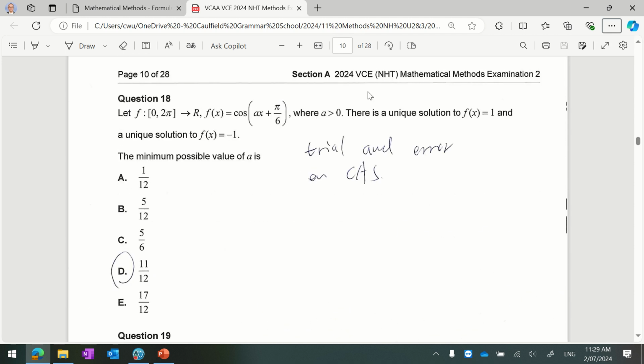My mistake, the question doesn't say it's the same solution to the two equations. This is not a simultaneous equation situation, because the unique solution to this equation is different to the unique solution to the other equation, and it's a cosine, of course. So we expect different y values.